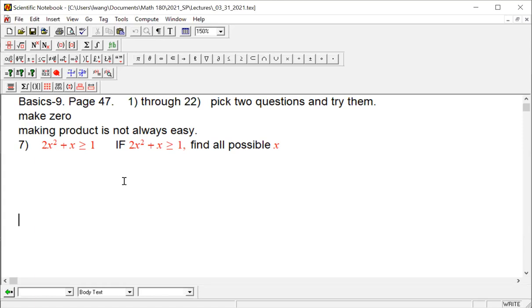You can see making zeros is not just an idea in algebra. It is also an idea used in other math classes. Why making 0? Because comparing to 0 is always easier. When you compare with 0, it is either positive or negative. Greater than 0 is positive, less than 0 is negative. It's much easier when you have a picture.